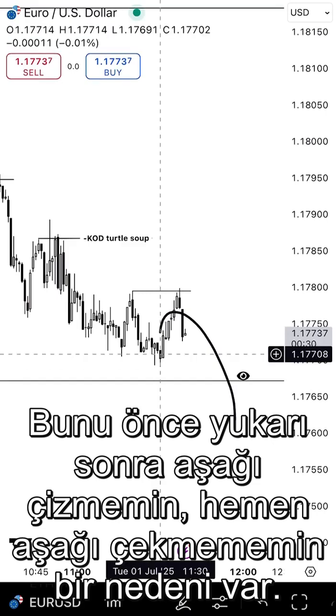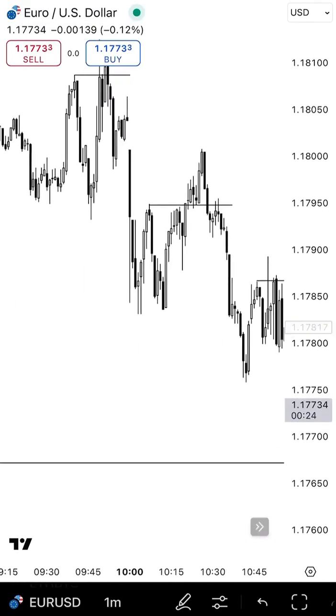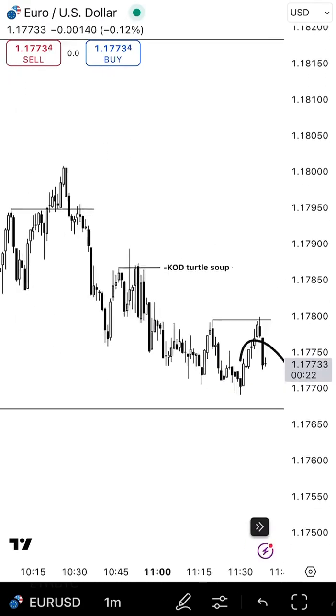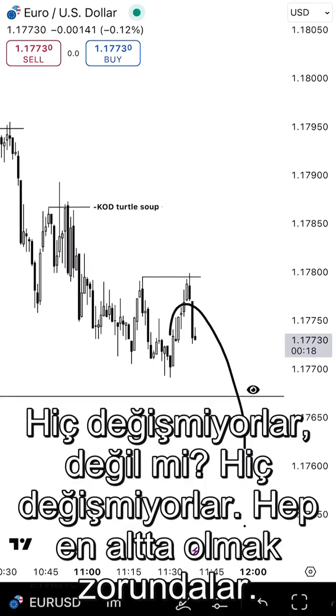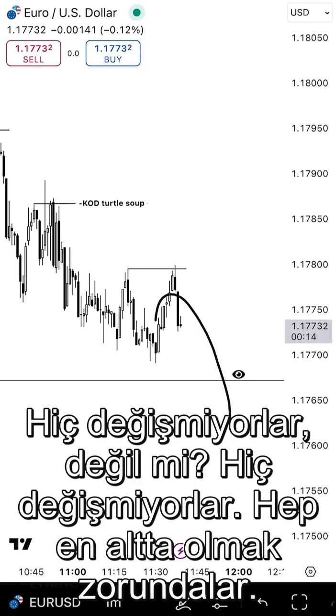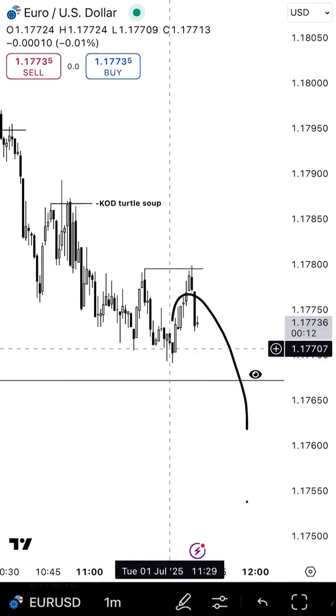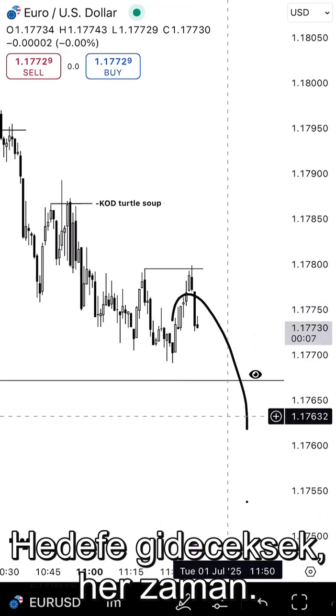There's a reason I had drawn that up and then down, not down at once. They never change, do they? They never change. They always have to be at the bottom if we're going to the target, always.